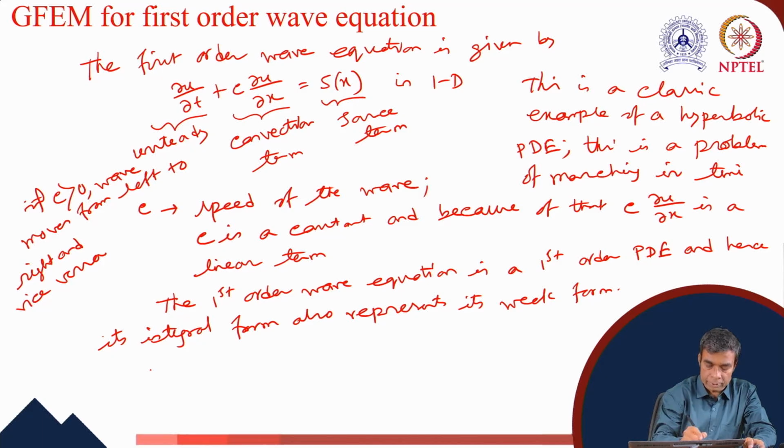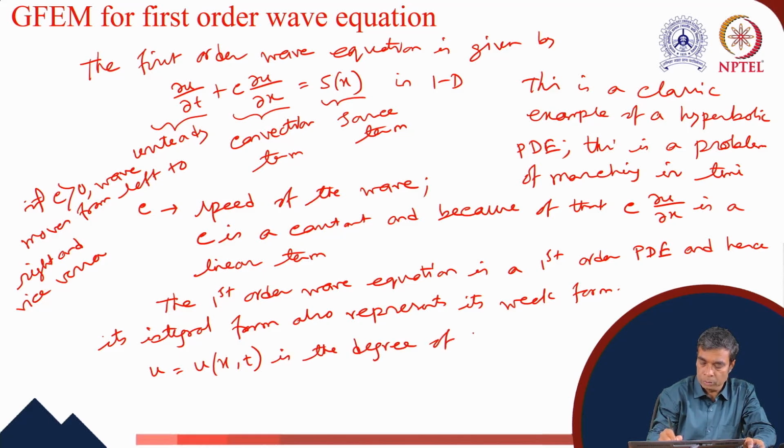In the above equation, u equals to u of space and time is the degree of freedom.